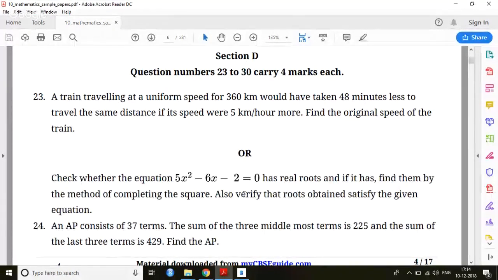So let others solve it. I'll explain sometime later. There is nothing in this.